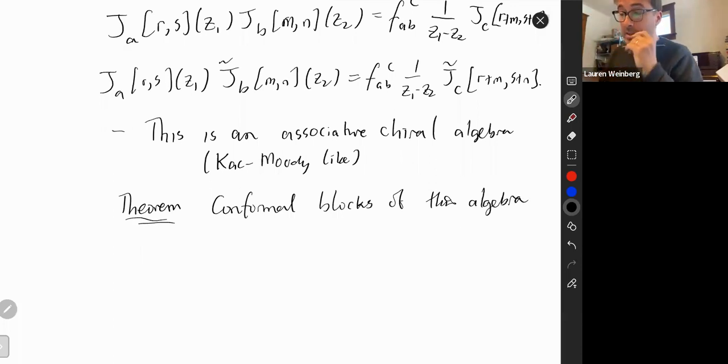Let me quickly say what I mean by conformal block, because the word is used for several different things sometimes. For me, a conformal block is a way of defining correlation functions compatible with OPEs.